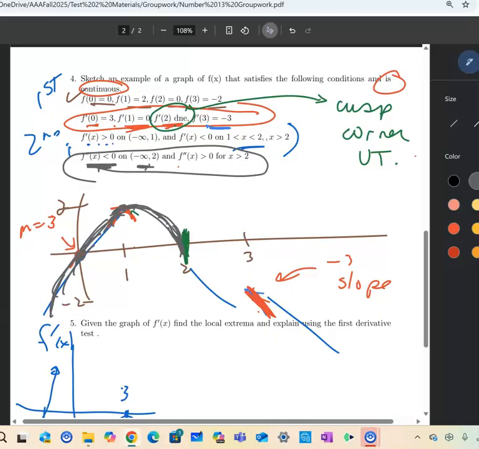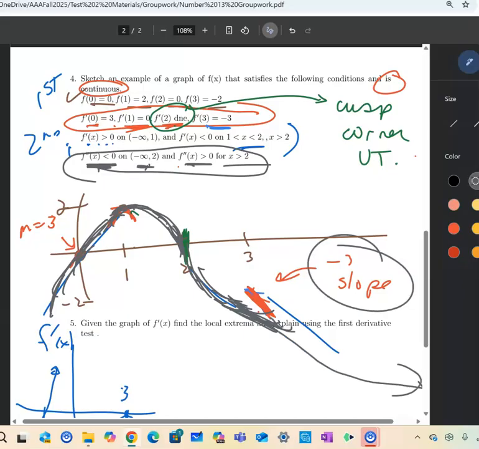And then after that, it says that it's cupped up for all x's bigger than 2. So cupped up, and then cupped up, so that we could have a slope 0 there, right? Or sorry, slope negative 3 there, and it's still cupped up, going down, cupped up. And at that point there, the slope looks like negative 3.